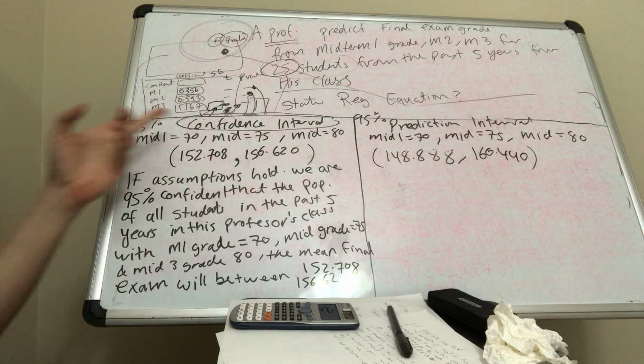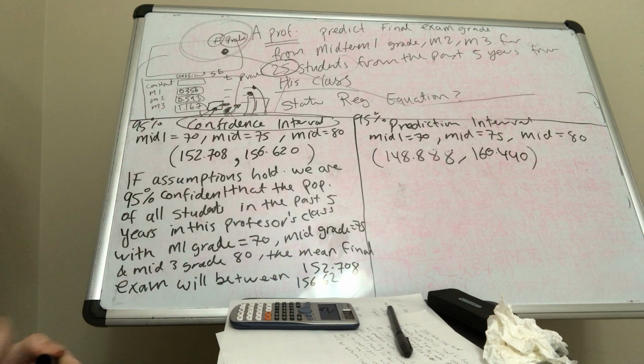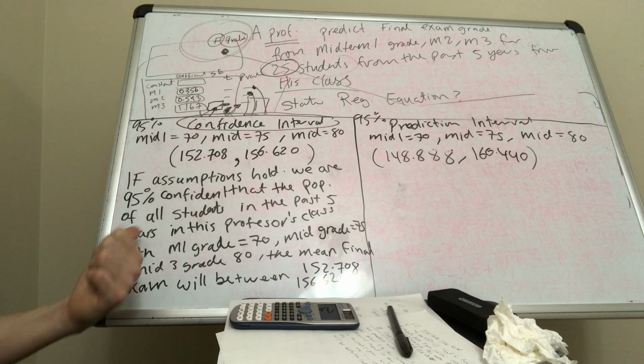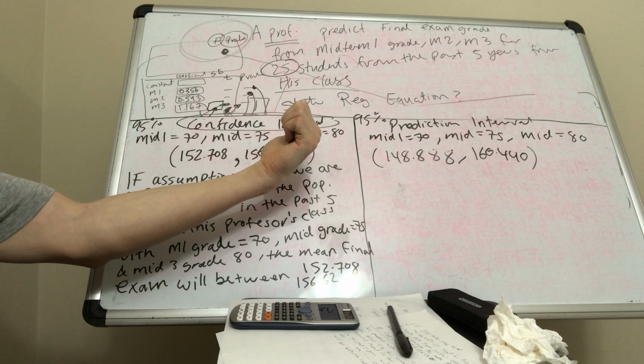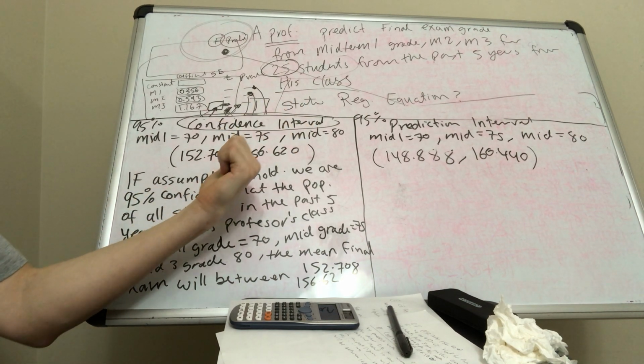So assumptions hold, we're 95% confident that the population of all such students, with midterm 1, 2 and 3 results, will have a mean between the two numbers.